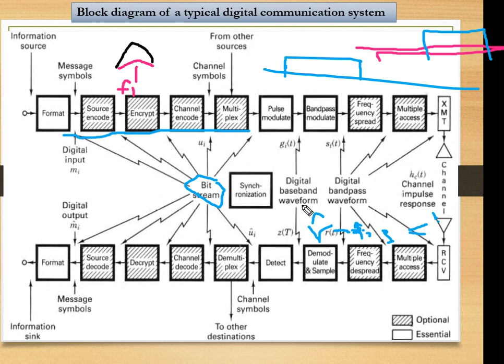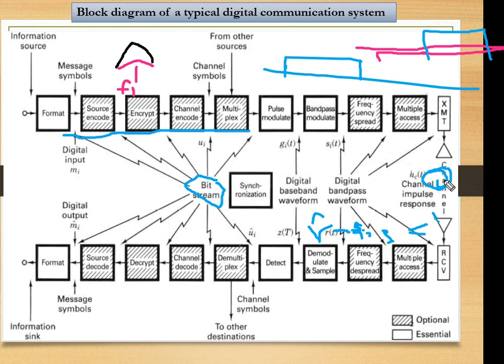Because I told you we need them. And after that, we have the digital bandpass waveform. Bandpass waveform like a sinusoidal signal, sine and cosine. And you have here the channel impulse response. Here you have the electromagnetic signal, the things that we studied in electromagnetics 1 and 2, here in the channel.